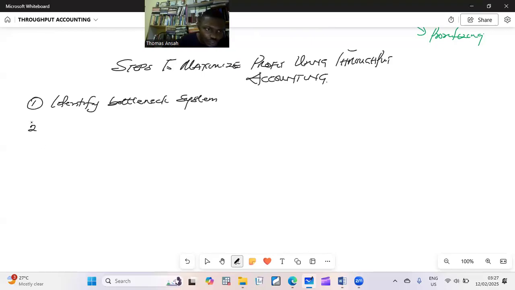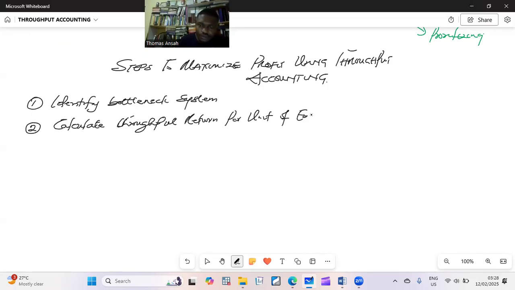Step 2, once you've been able to identify your bottleneck, calculate your throughput return. You've seen the throughput return. Calculate throughput return per unit of each product, because you may have multi-product.